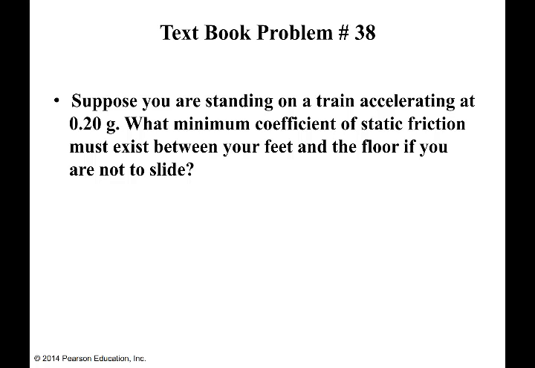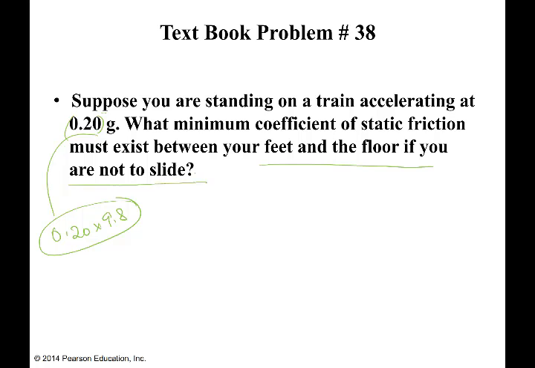So the last but one problem: suppose you are standing on a train accelerating at 0.20 g, which means 0.20 multiplied by 9.8. What minimum coefficient of static friction must exist between your feet and the floor if you are not to slide?